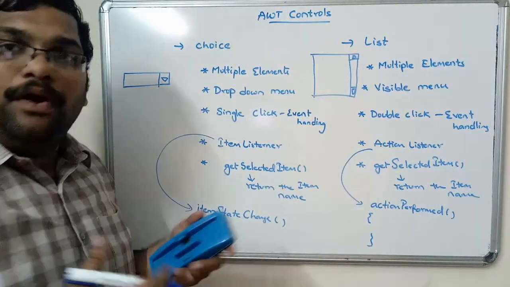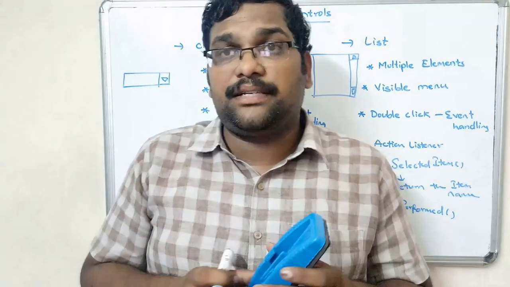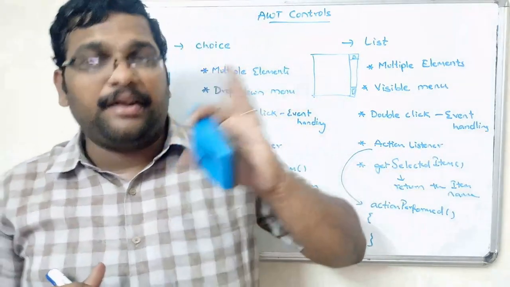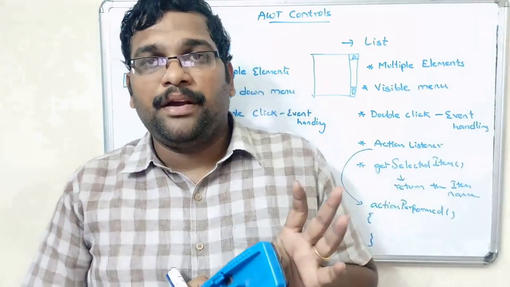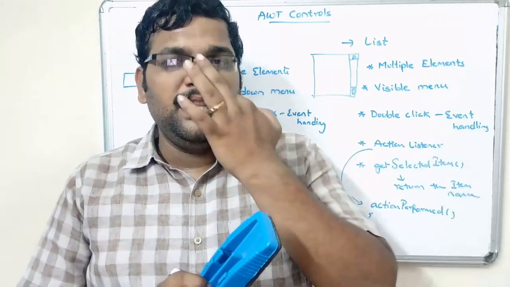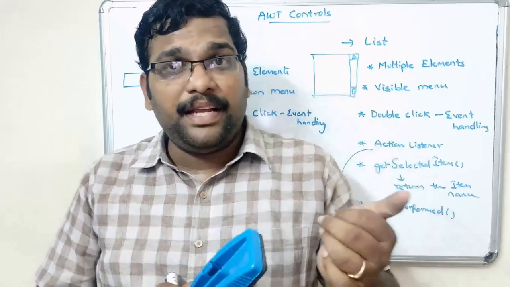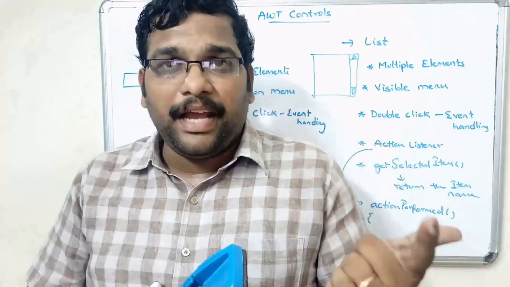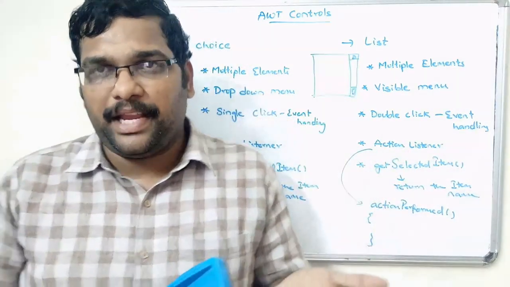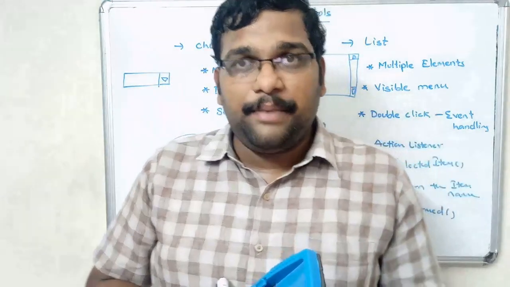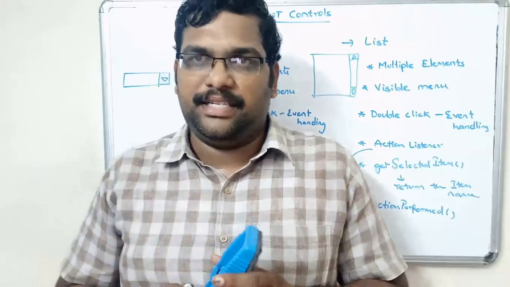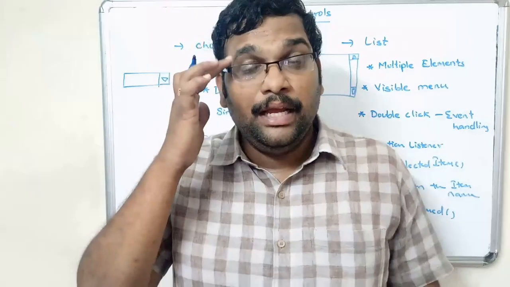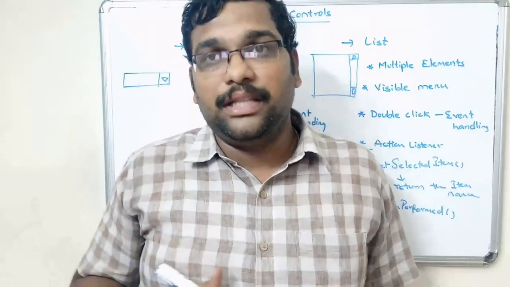We need to follow the same template which we saw in the first introduction of AWT. First we import the packages: the applet package, the AWT package and the AWT.event package. Second, we write the applet code enclosed in comments, because we are using the appletviewer tool rather than the browser.